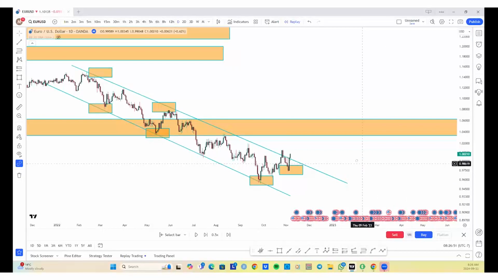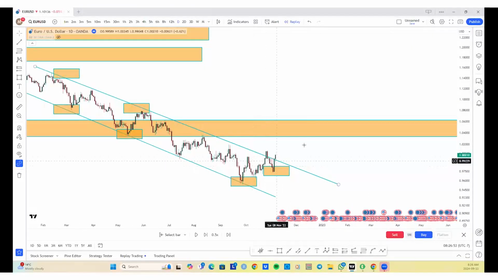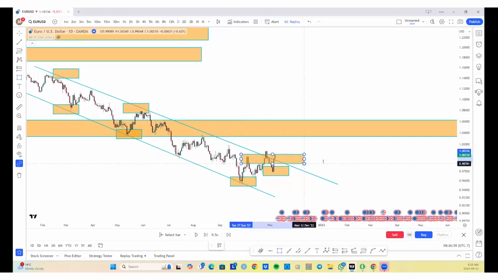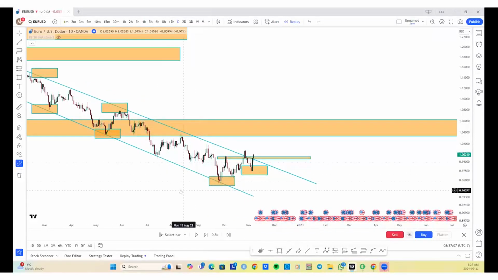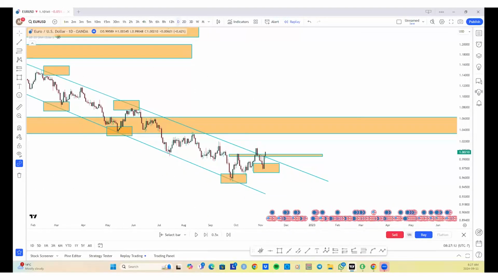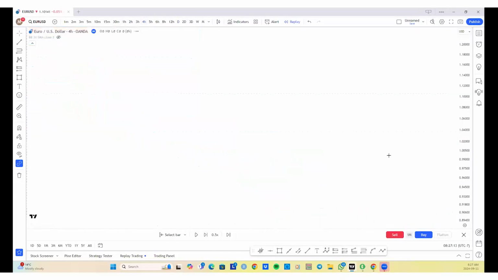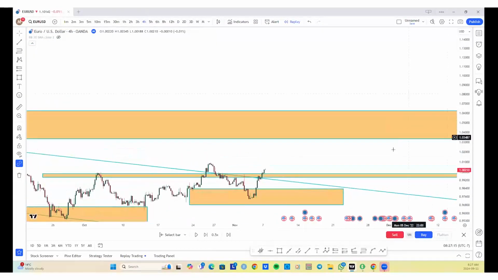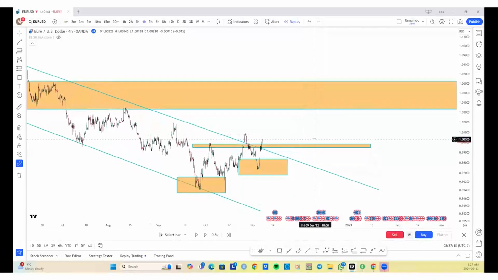So here I will just look for this breakout, and then we can see that the market is already forming another resistance area or line around here. So what I would probably do to trade this opportunity, if this is a daily, is go to a lower time frame for my confirmation or trigger of the market.